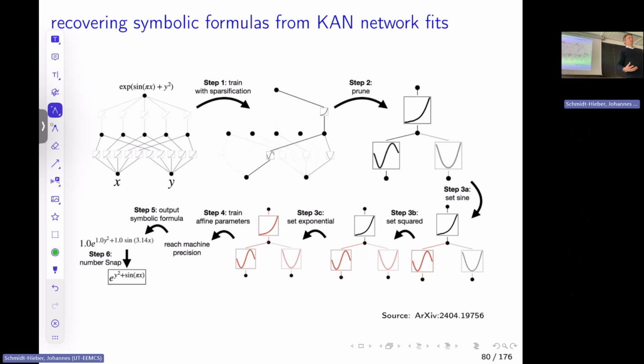You have to specify a number of elementary functions that can occur in these formulas, and based on that, they try to fit one that matches. But the fit can be very, very nonlinear here, right? So you see something like e to the y squared plus sine pi x, which is their formula in there.